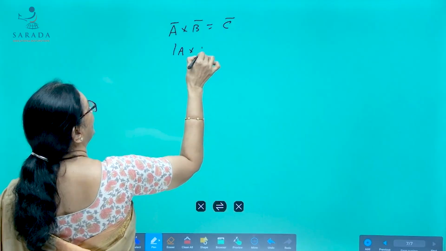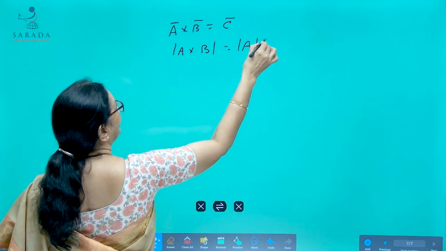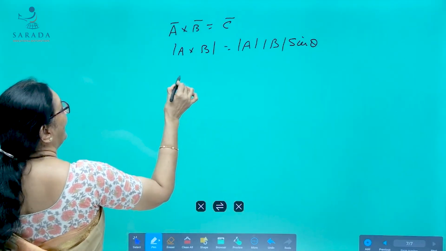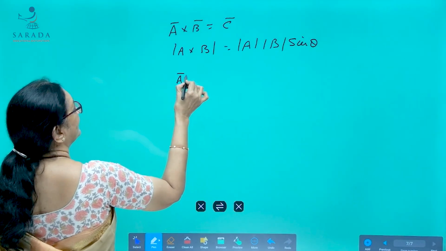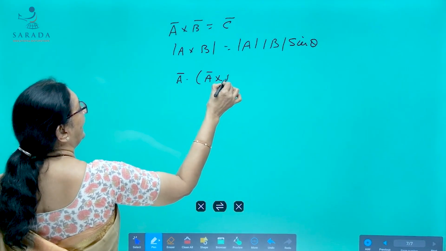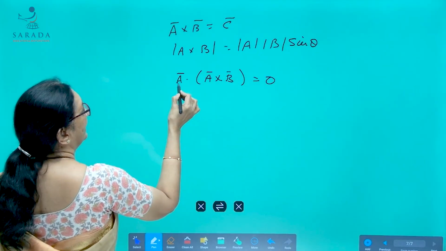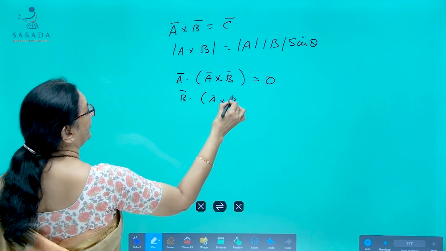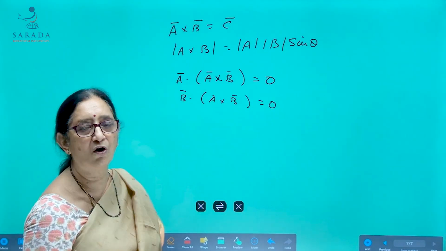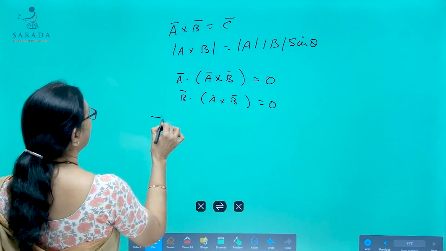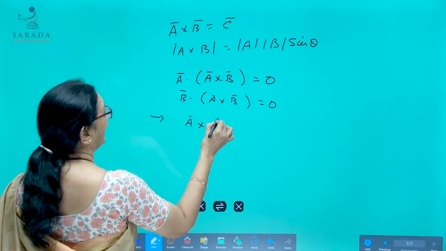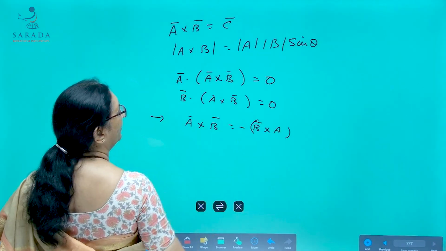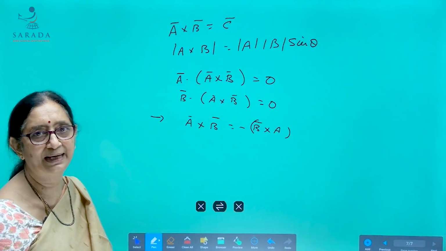So its magnitude is the product of their magnitudes and the sine of the angle between them. And a bar cross b bar is perpendicular to both a bar and b bar, which implies a bar dot a cross b is 0, b bar dot a cross b is 0. It doesn't obey the commutative law. That implies a bar cross b bar is not equal to b bar cross a bar, but it is equal to minus of b bar cross a bar.